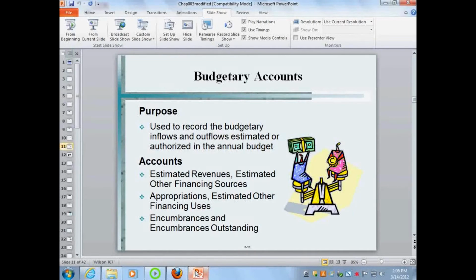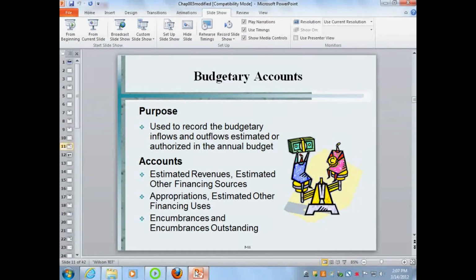We'll take a look at more of this. So I was going to tell you about this little thing about the budget itself. You have the budget, and you have your operating accounts.